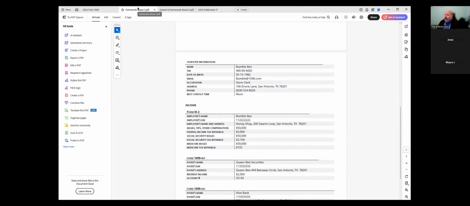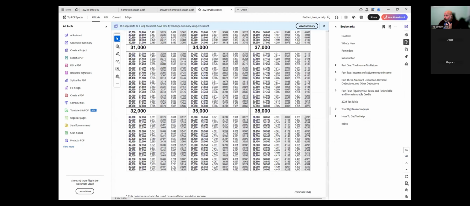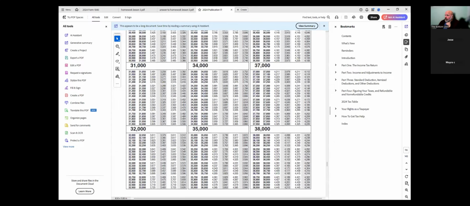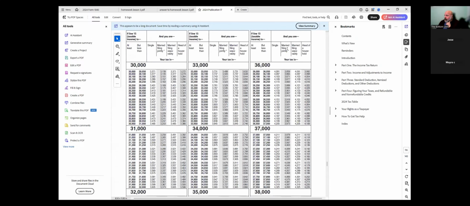If you fill out all your source documents correctly, and enter anything else like deductions or credits, the software will figure out the best tax liability. I always like to show you how to look it up, though. Definitely. That's what you're going to use Pub 17 for.